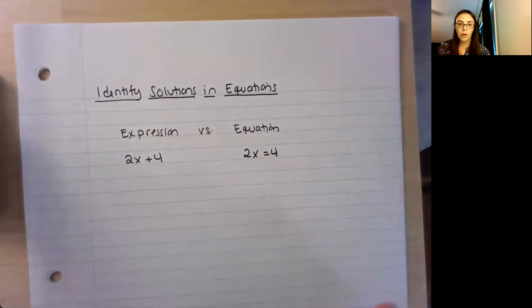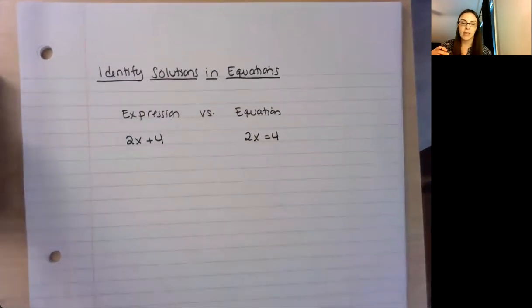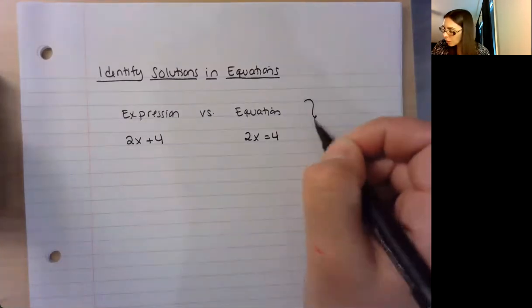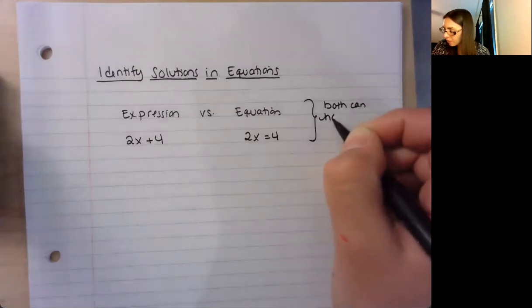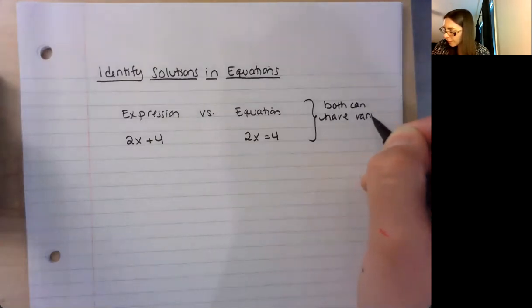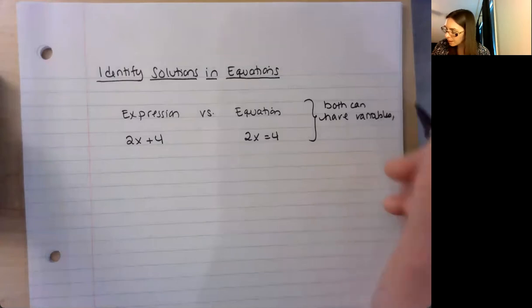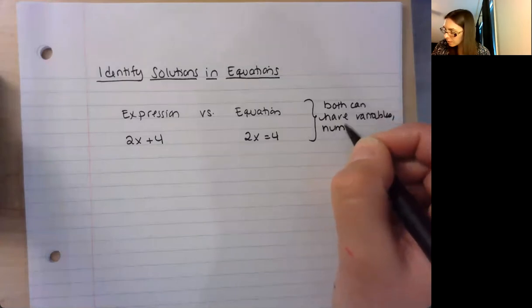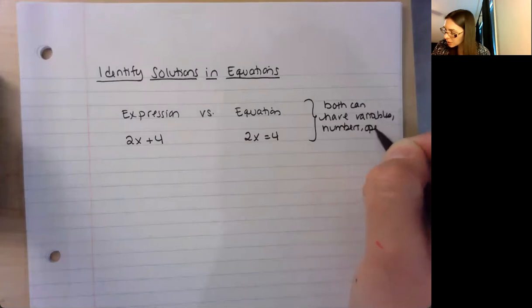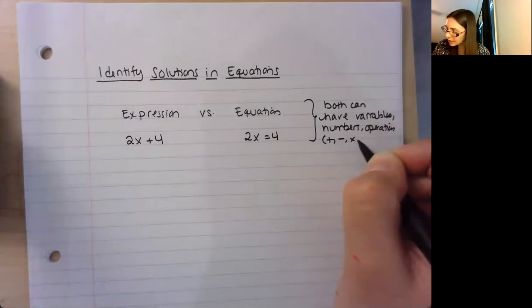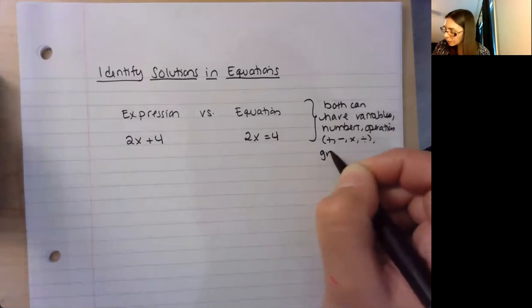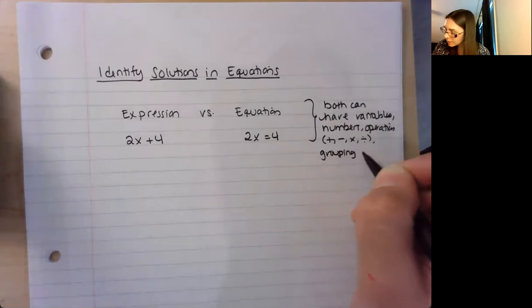So what you want to notice is that in both cases, they can have variables, numbers, operations, so things like adding, subtracting, multiplying, dividing, and grouping symbols.